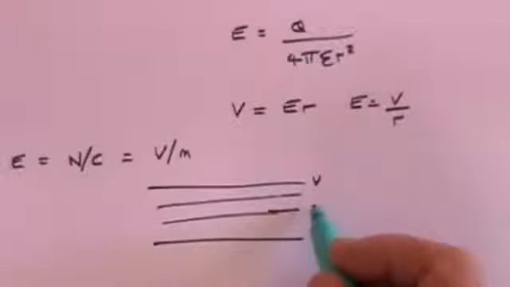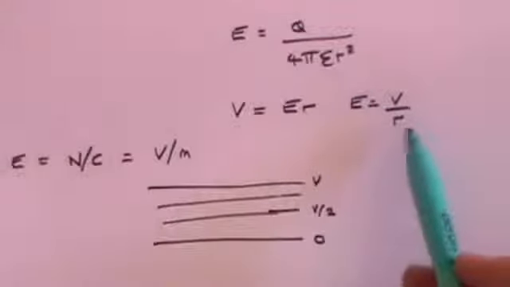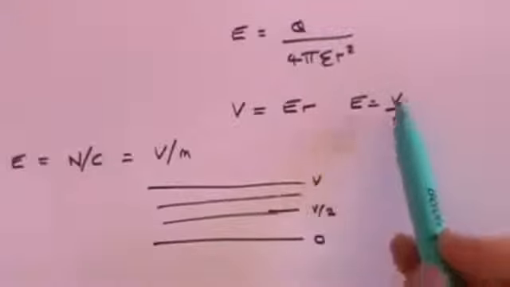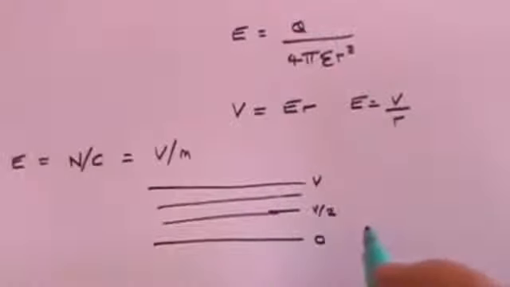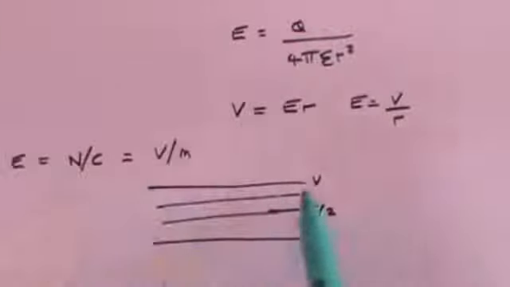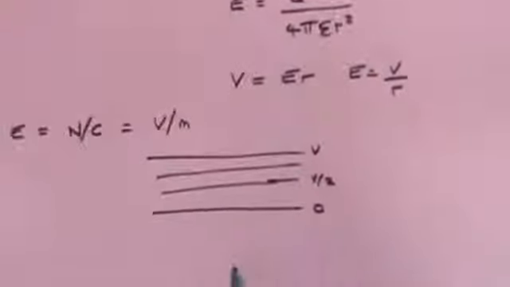So halfway up, this will be V over 2, because E is V over R. So the greater the distance, the greater V will have to be in order for E to be a constant. So we've established this general principle for large parallel plates, that within those plates the electric field is constant, but the voltage has to change as the distance increases.